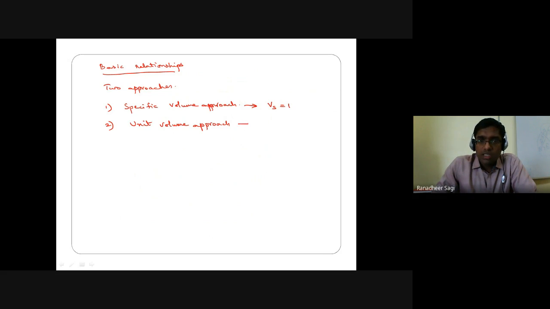Coming to the other case, that is the unit volume approach. In the case of the unit volume approach, we assume the total volume of the soil is equal to 1. For a unit volume of the soil, how much is the volume of solid particles, and how much is the volume of void spaces.